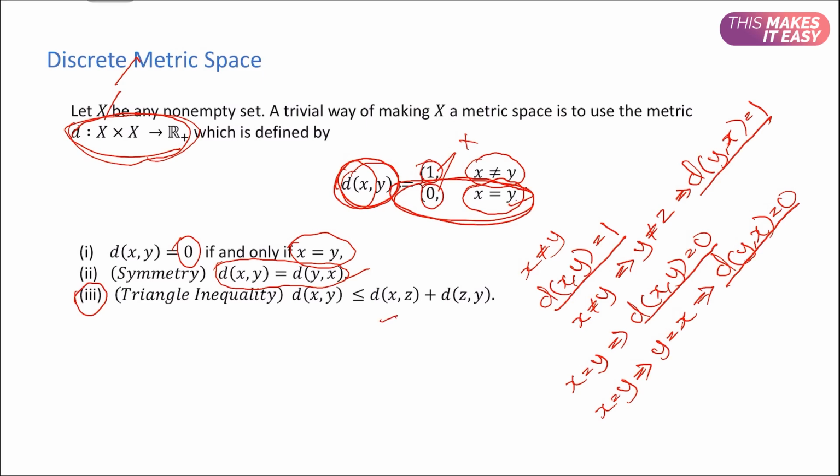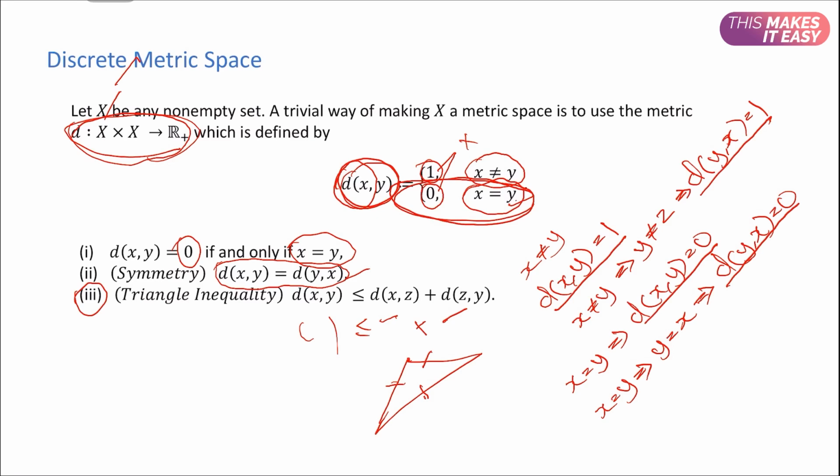The third condition says that this is a distance between 2 points. It means the length of one side and the length of the other side, when summed up, will be greater than or equal to the length of the third side. Basically we can understand this in 2 dimensions very easily by taking a triangle. The distance of any side will be less than or equal to the distance of the other 2 sides together.